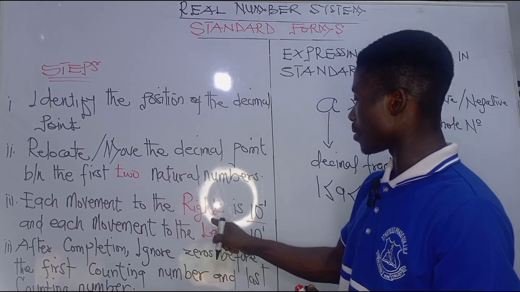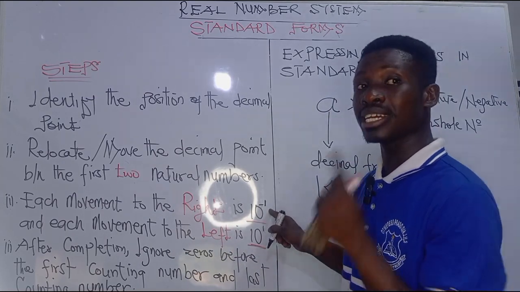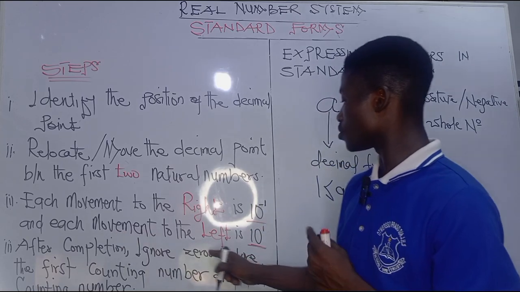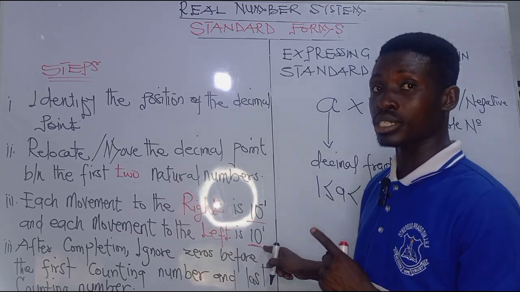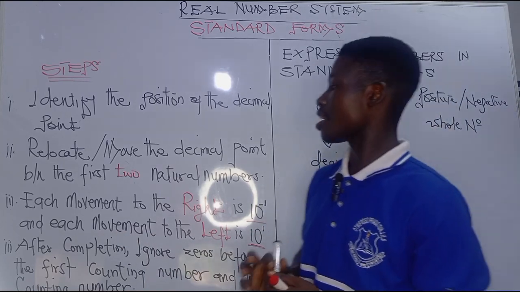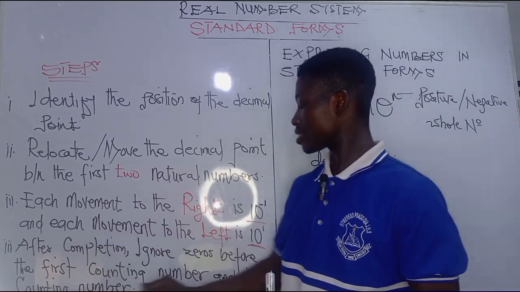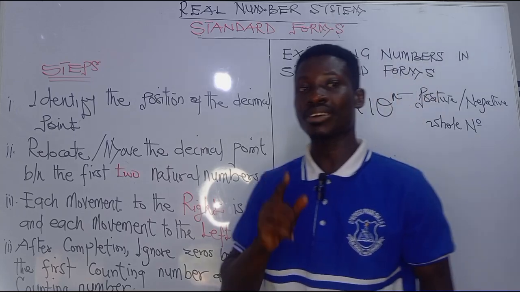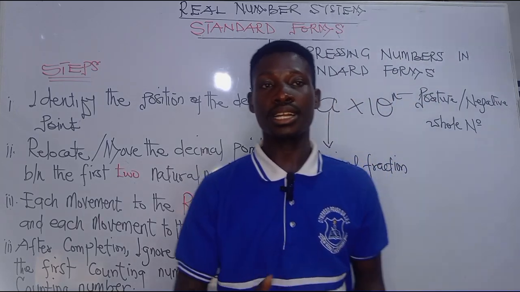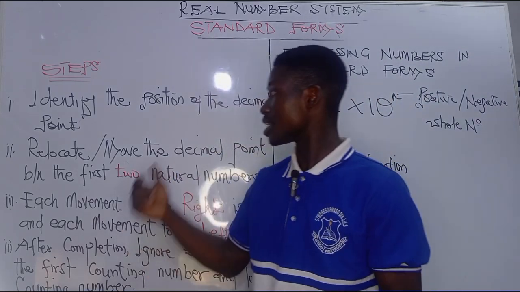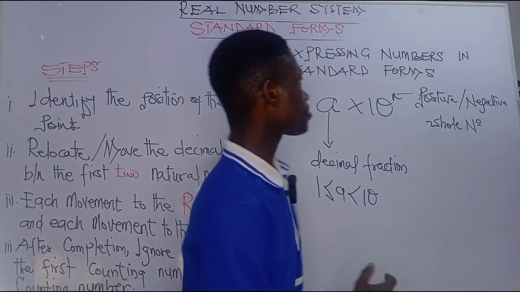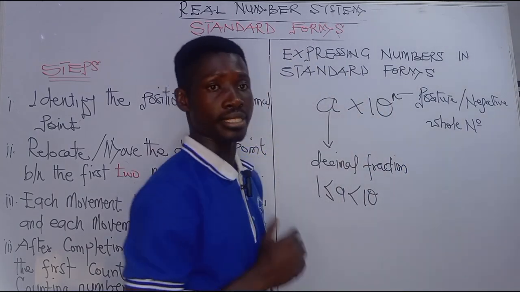Each movement to the right is 10 raised to the power negative 1, and each movement to the left is 10 power 1. Now, after completion, ignore zeros before the first counting number and after the last counting number. So these are the steps that are going to guide us in expressing numbers in a standard form.